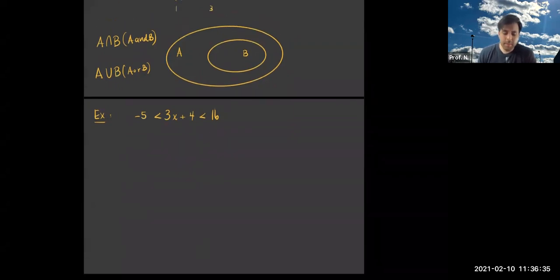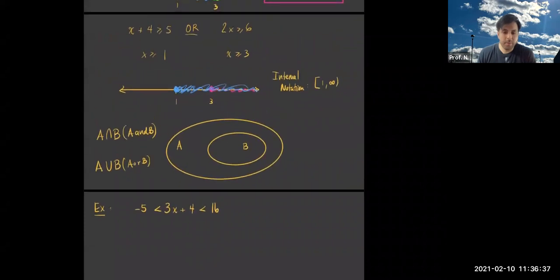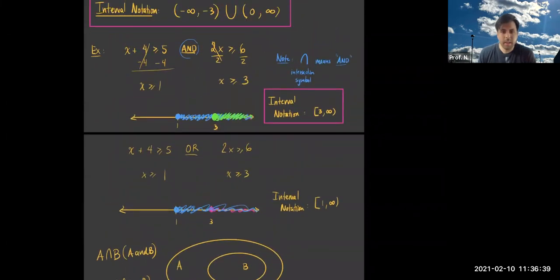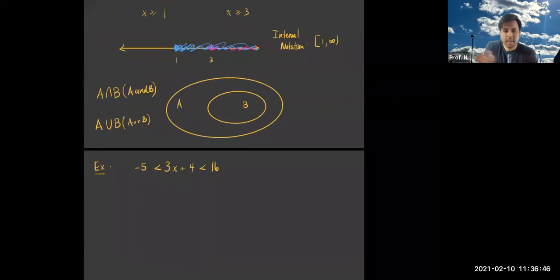But instead of it being written like the ones we had before, where we have the or or the and, we specifically have two different inequalities being written out. We're having kind of one compounded at once, but there's also two of them at the same time. So instead of saying 3x plus 4 less than 16 and 3x plus 4 greater than negative 5, instead of having this rewritten twice, I just write it in one single line.